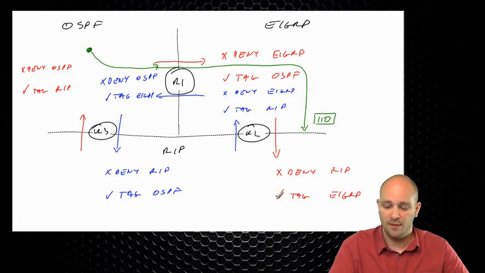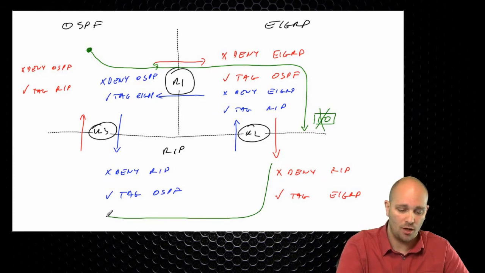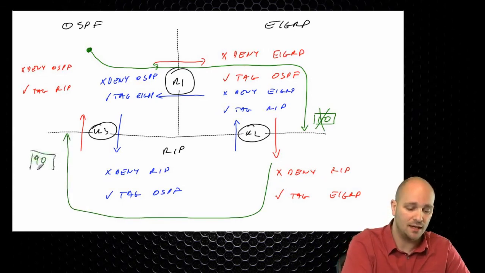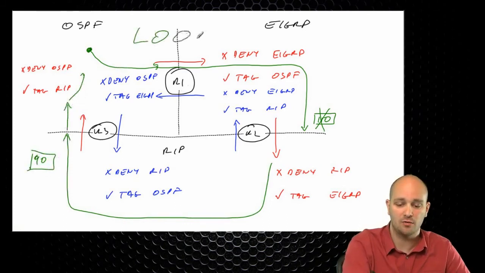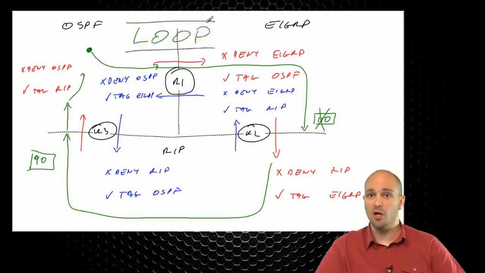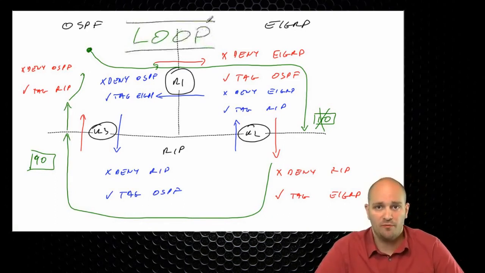No. That means tag it as EIGRP. That means that this route now arrives at this redistribution here with the tag of, let's say, 90, which means that this route is now going to make its way back into OSPF domain, and I have actually created a loop. So the logic that worked like a charm for me just before has now failed miserably.